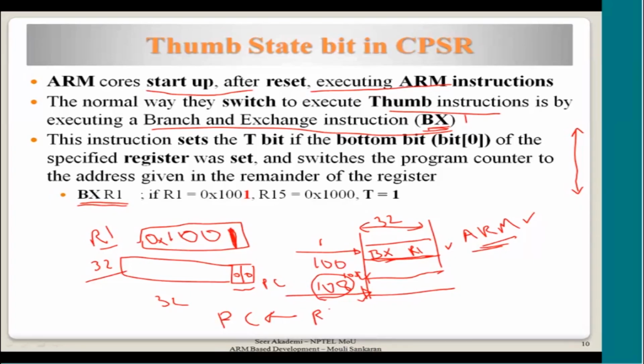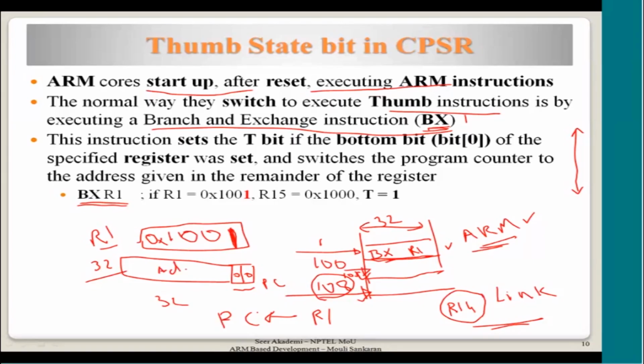So whatever is the previous value of PC, which is 108, it will modify by subtracting 4, so that 104 is copied into R14, the link register. It will put that address into the link register and then go to wherever R1 is pointing at.